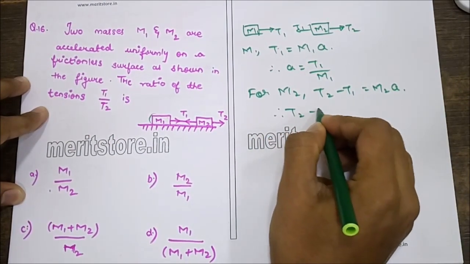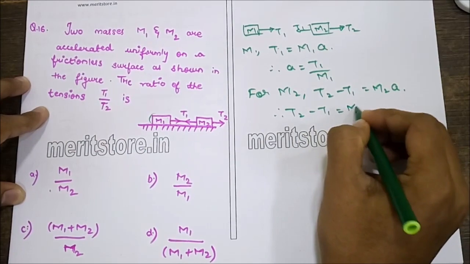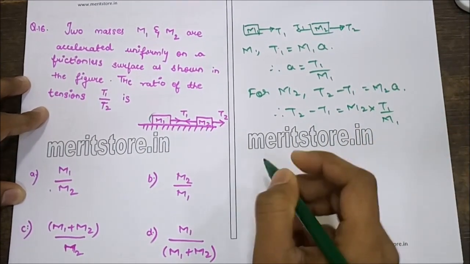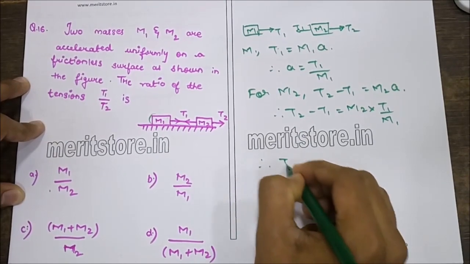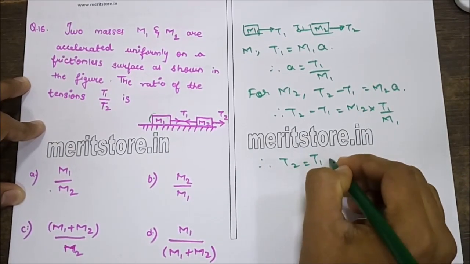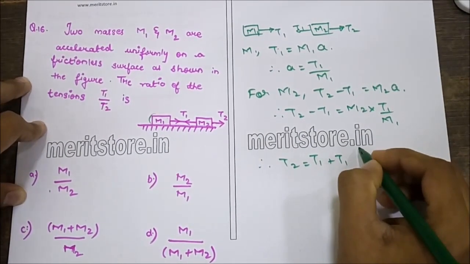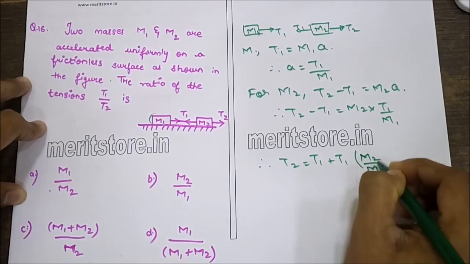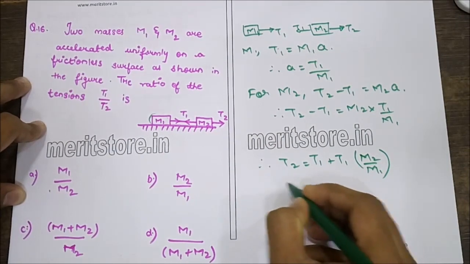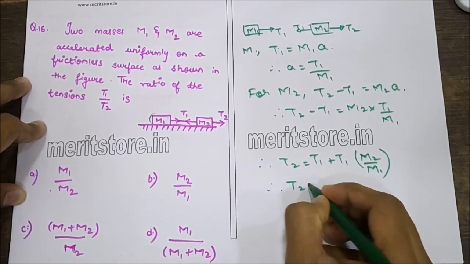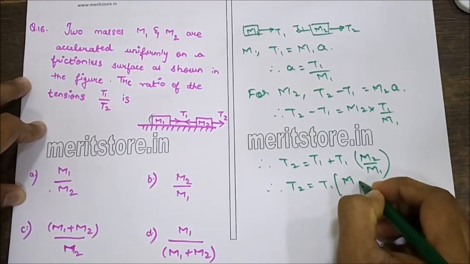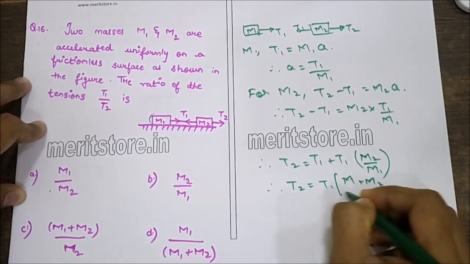Therefore, T2 minus T1 is equal to M2 into T1 by M1. Therefore, T2 is equal to T1 plus T1 times M2 by M1. Therefore, T2 is equal to T1 times M1 plus M2 upon M1.